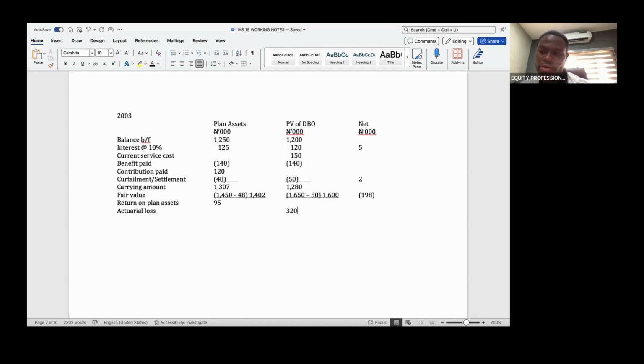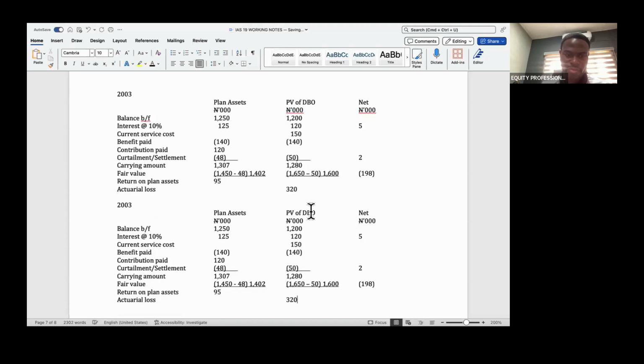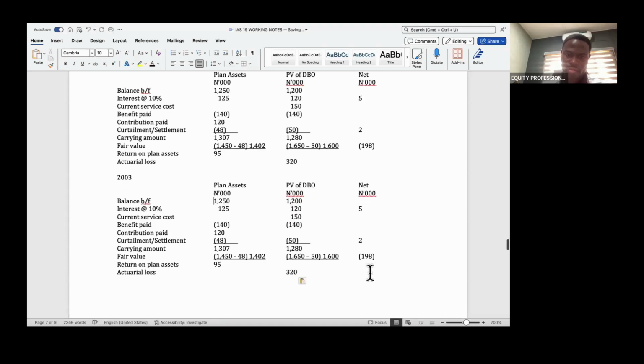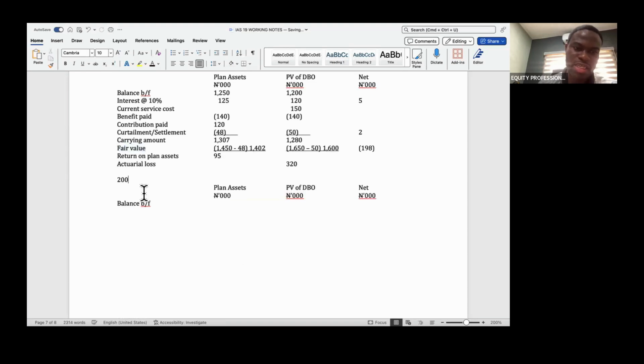That's not good for you. When your obligation becomes higher, that's an increased obligation, and that's a loss. That's a complete loss. Okay, let's do 2004. So the balance at the end of 2003 becomes the opening for 2004.